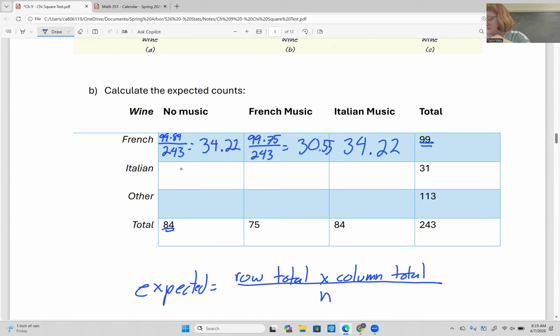Fill in the rest for us, because it's that same process over and over. Take row times column divided by 243. 31 times 75 over 243 should be 9.567. The no music column and the Italian music column are the same because the column totals are the same.